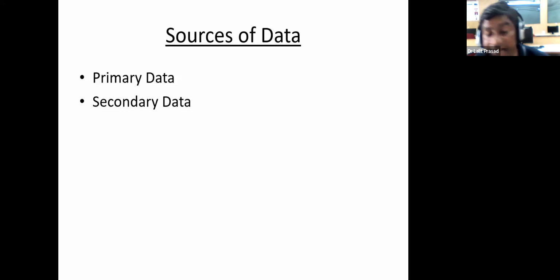Secondary data is quickly available, which means it is time saving, and it is economical. It is already on a website or somewhere, and within a fraction of a second, without going anywhere, you can get that data. So time saving and cost saving are there. But it may be outdated. After Corona, there are so many changes. If your data is from before Corona, what is the use of that? It may be outdated.